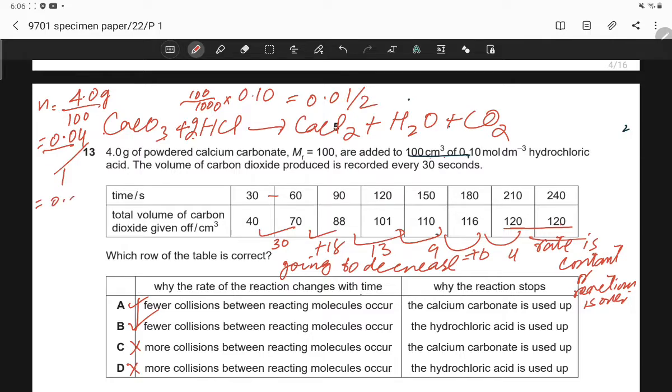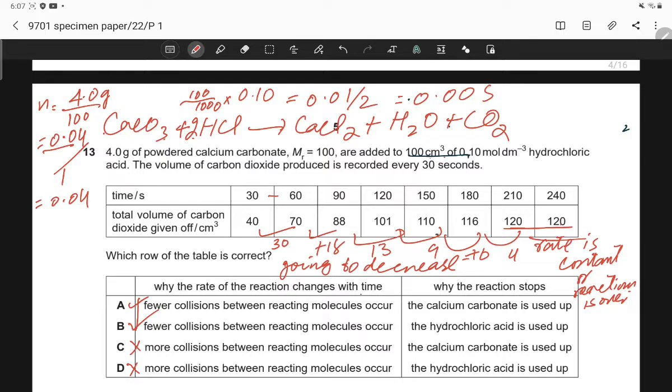So this is 0.04, and 0.01 divided by 2 is equal to 0.005.